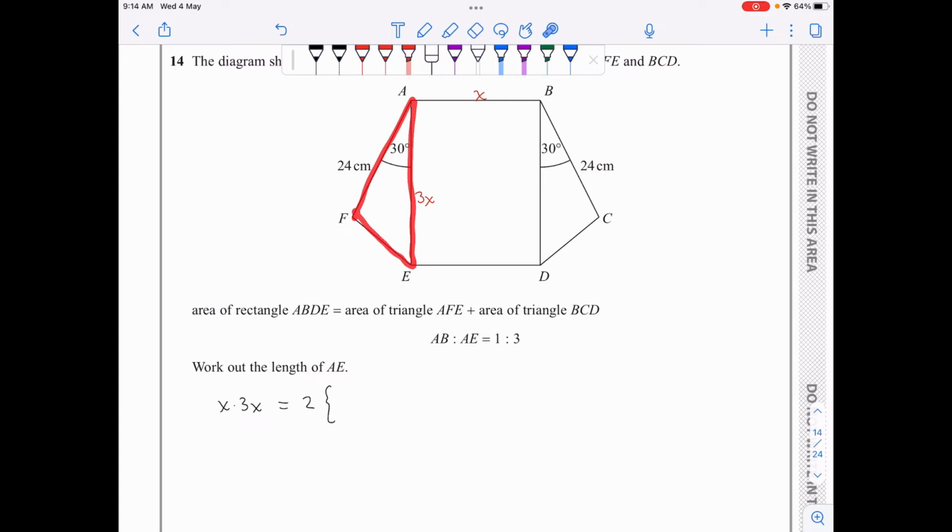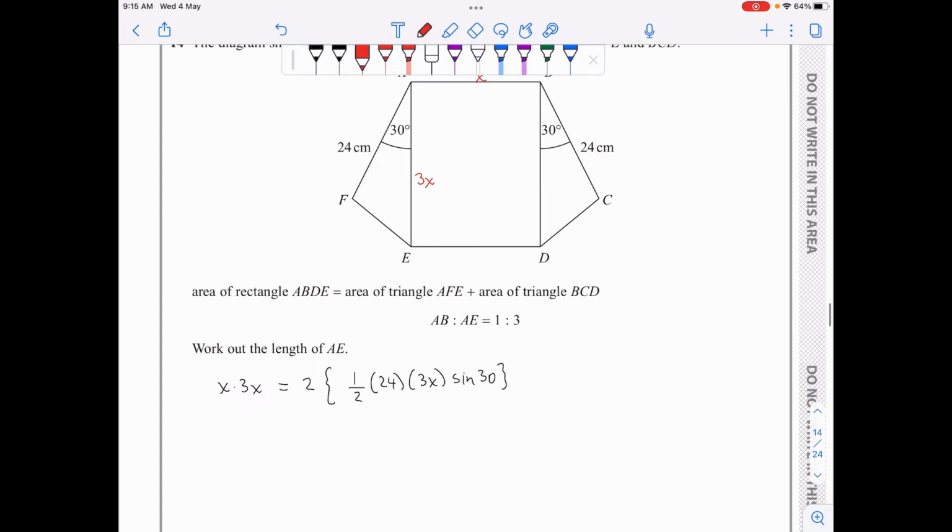Now for AFE, I'm going to stand on A and say it's a half times 24 times 3x times sine of 30. I'm using the half ab sine C formula here.